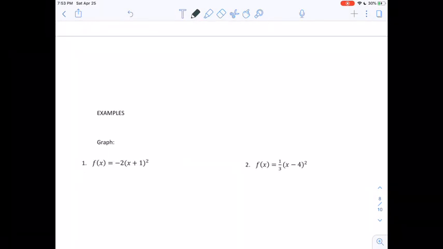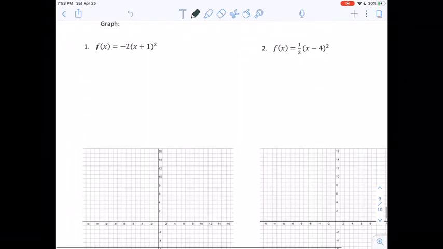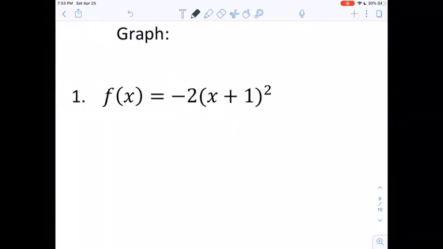Now, I think using vertex form is a little bit easier than having to just always use an XY chart. So let's look at this first. First of all, I know that this is negative, so I know this is pointing down. And I know my function's getting shifted to the left. Okay, that's good to keep in mind.